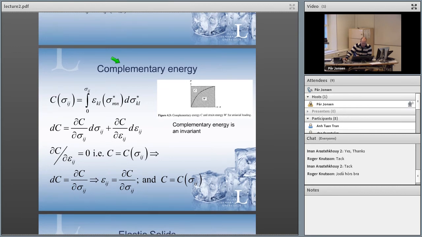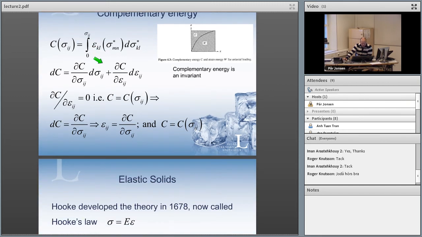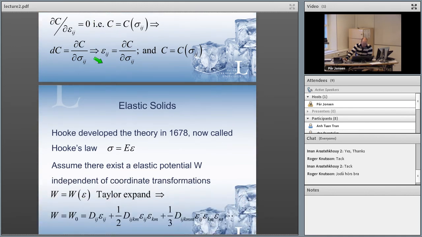And the opposite way, taking the differentiation between the C and the sigma, you will find your strain tensor. For the strain energy, you find the stress vector. Here you find the strain vector. You can find them both with putting up this kind of system.